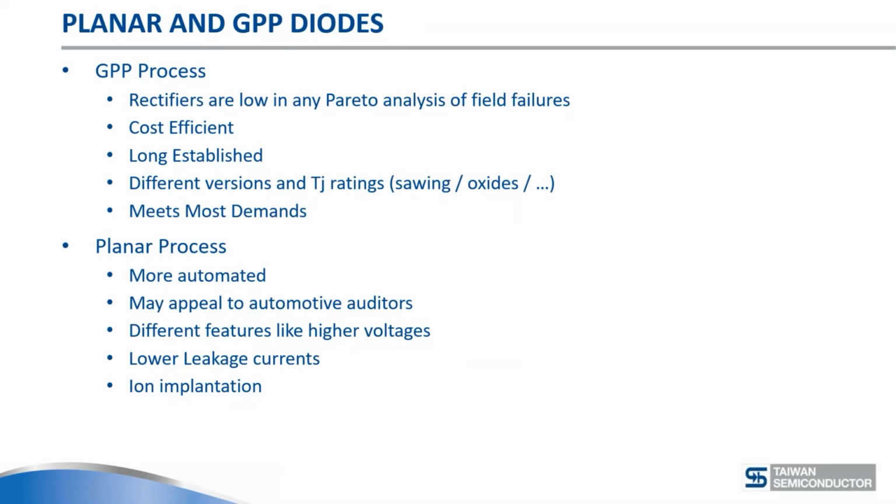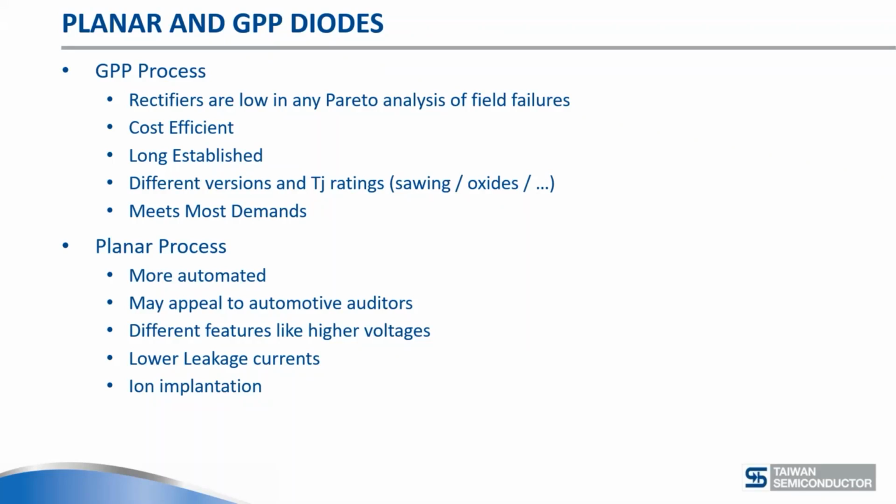The planar process is more automated. It may appeal to automotive auditors, which is why we also call these planar diodes sometimes optimized for automotive, because they are the people that run around all the wafer fabs in the world and compare processes. So that's why they sometimes prefer the planar processes. It also has other advantages. The GPP process is limited to 1,000 volts in practical terms, so the planar process will be able to make higher voltages.